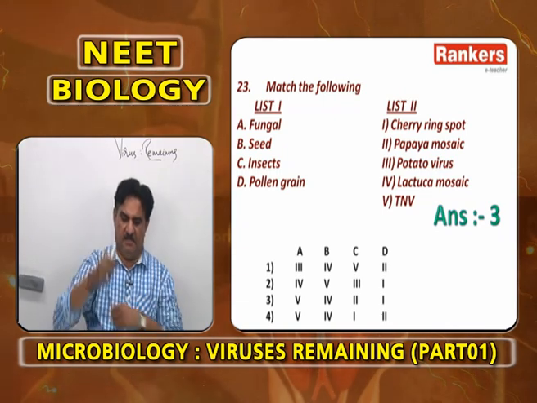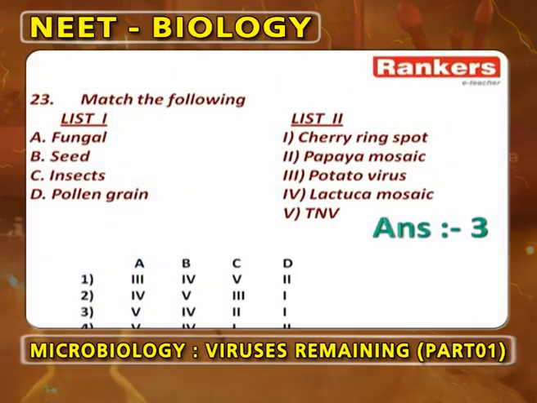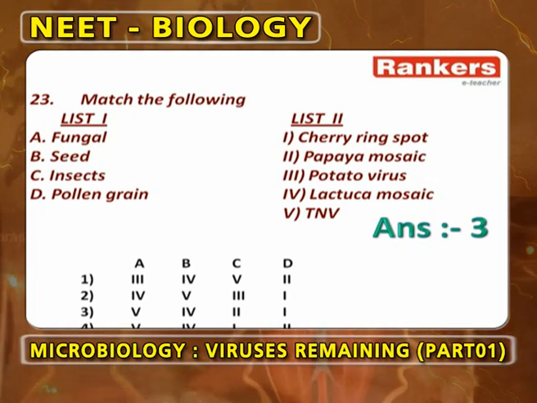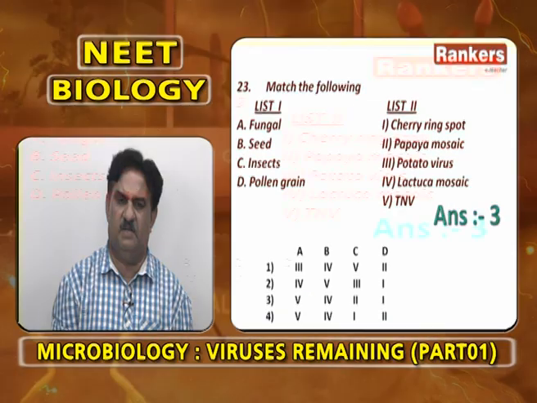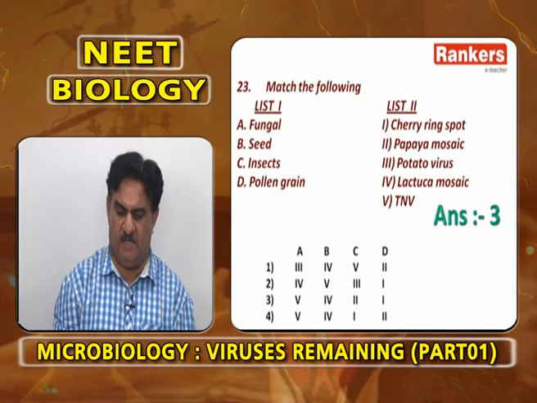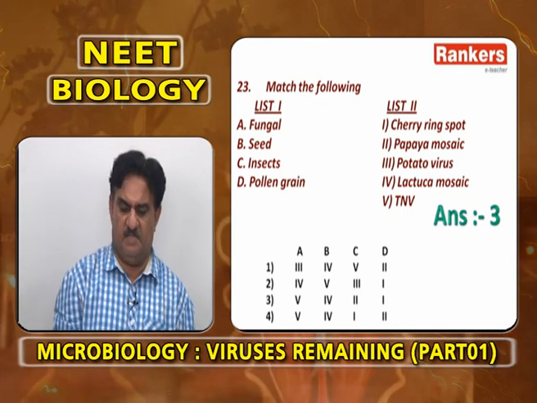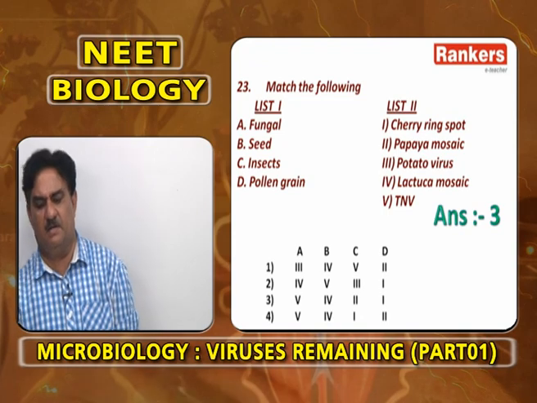So, the answer is 3. A5, fungi, tobacco necrosis virus, zoospores of Olpidium brassicae. Insects transmit hundreds and hundreds of viruses, but the most popular one is papaya mosaic virus. Pollen grain always transmits cherry ring spot virus.